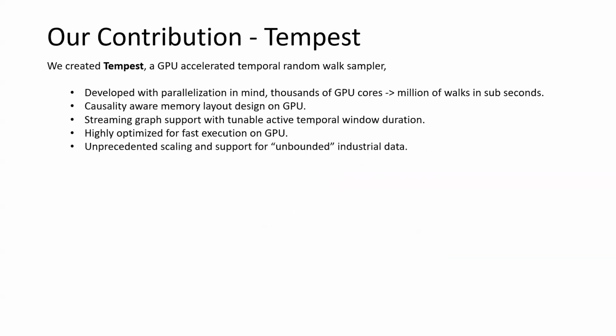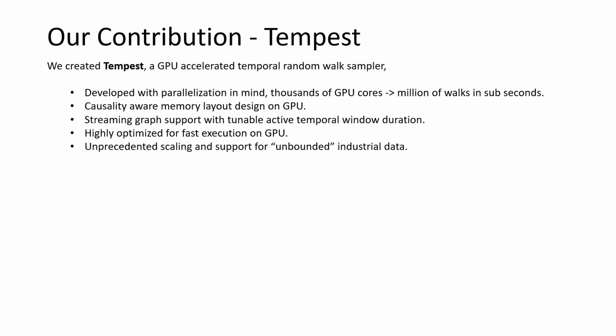Now, our contribution: we created a GPU-native temporal random walk generator. We call it Tempest. It was created with parallelization in mind, so we can generate millions of walks using thousands of GPU cores in sub-seconds. For this, we created a causality-aware memory layout just for GPUs, and then we added streaming graph support.